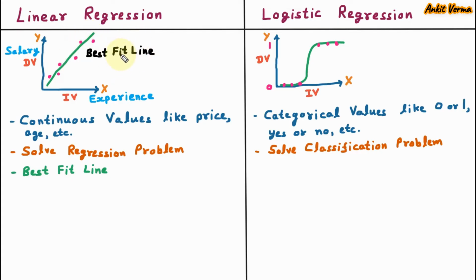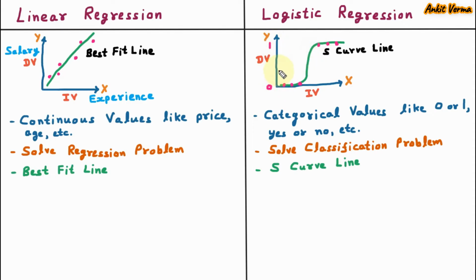This is the best line because through these data points, this is the best possible line which can pass. In logistic regression, we have an S-curve line. In the logistic regression diagram, we can see that it forms an S. Above we have 1 and below we have 0. So this is the S-curve line.